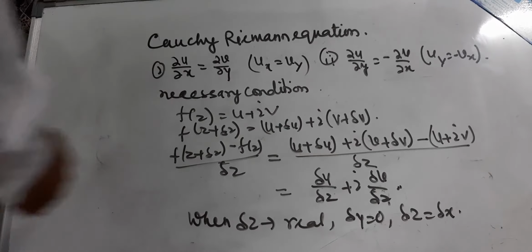If the imaginary part is 0, then delta z equal to delta x, means it is wholly real. So therefore we can write f prime z, which is equal to limit delta x tends to 0 of delta u by delta x plus i del v by del x.